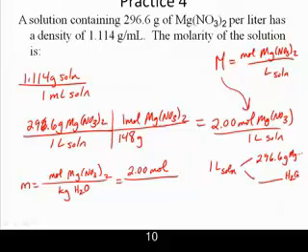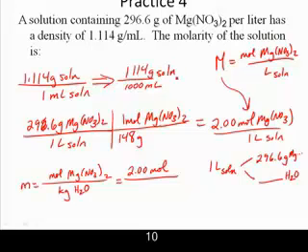But what other piece of information do I have? I had this density up here, and that tells me that it's this many grams of solution in a milliliter of solution. If I have a liter or 1,000 milliliters, I'm going to have 1,114 grams of solution. So that's the mass of a liter of solution.